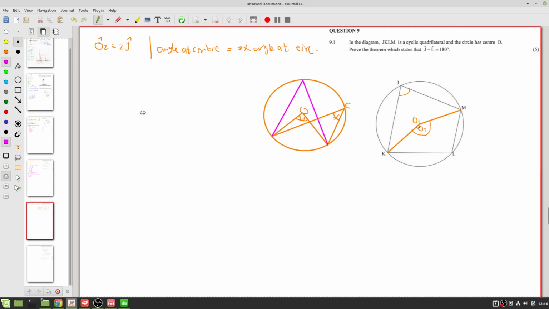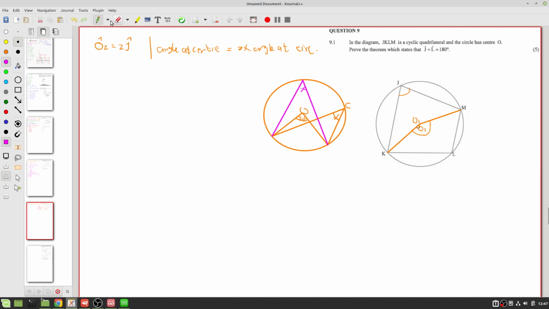Then again, same thing. If this angle is 2x, this angle is x. Angle at the circumference is half of the angle at the center, or angle at the center is double the angle at the circumference, which is what we have here. From this arc KM, we go to the circumference, and we go to the center.